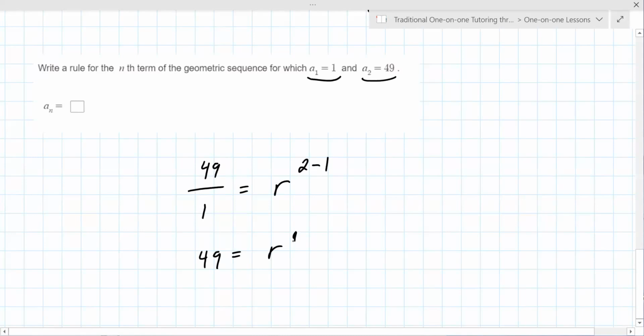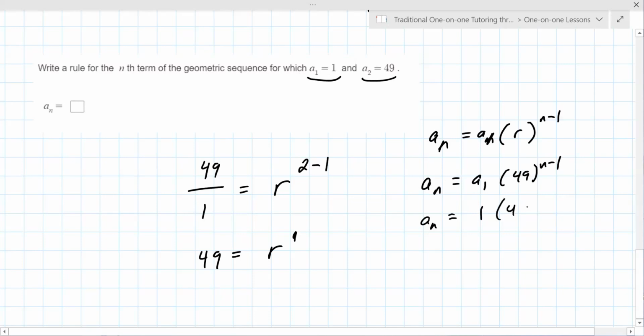This one actually works out nice because it gives you the r value. An equals a1 times r to the n minus 1. In this case, you have an equals a1 times 49 to the n minus 1, and normally we would put something in, but they already give you a1. So you can just put that value in right there for a1. So it's just 49 to the n minus 1 power.